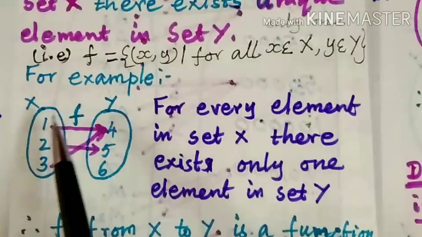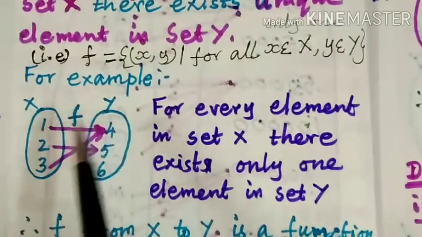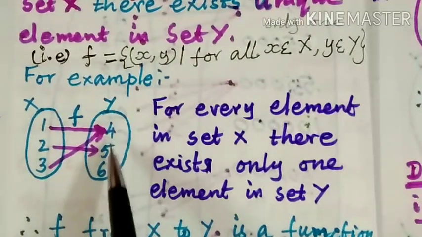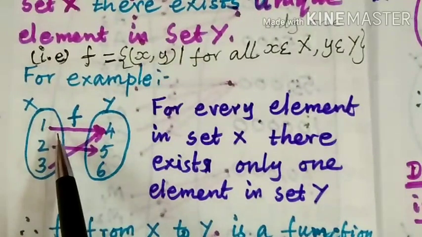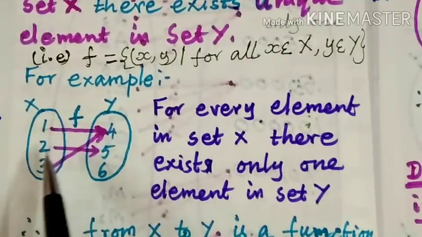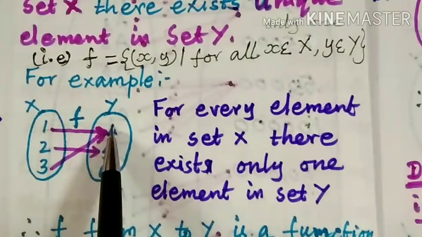For example, let us consider two sets X and Y. Set X equals {1, 2, 3} and set Y equals {4, 5, 6}. The relation ordered pair f is 1 related to 4, 2 related to 5 and 3 related to 4.